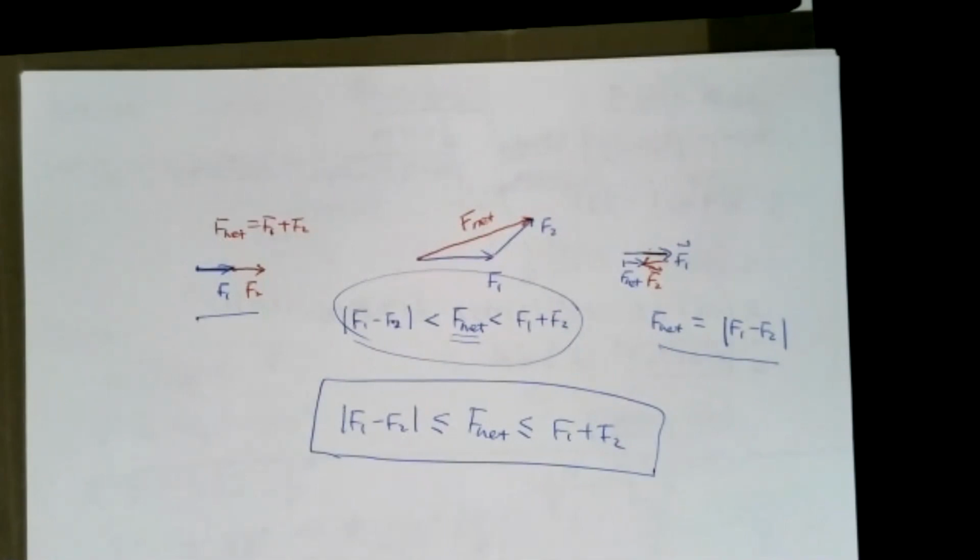So keep in mind, when the forces are adding up, you're actually doing vector additions, okay? So you cannot simply add the magnitudes up. It depends on the directions of the two, okay? All right, let's go back to the slides.